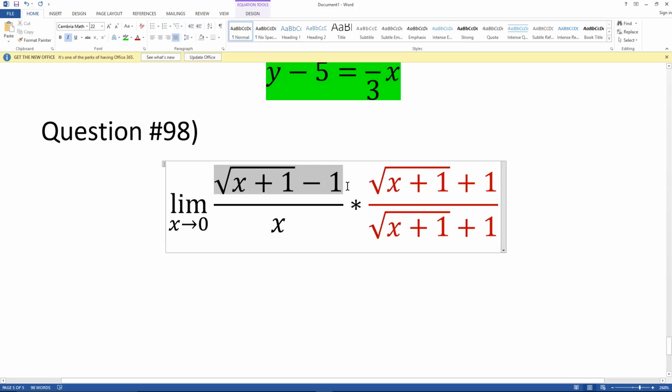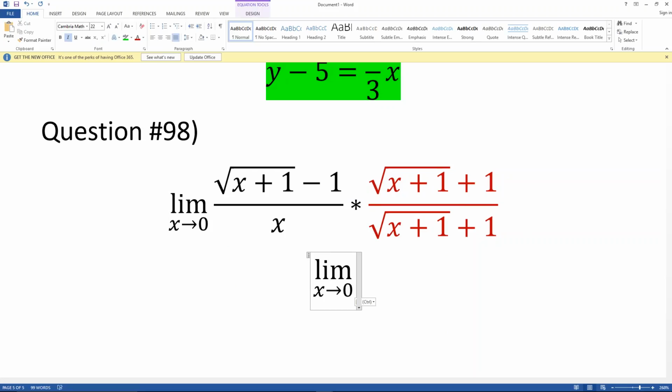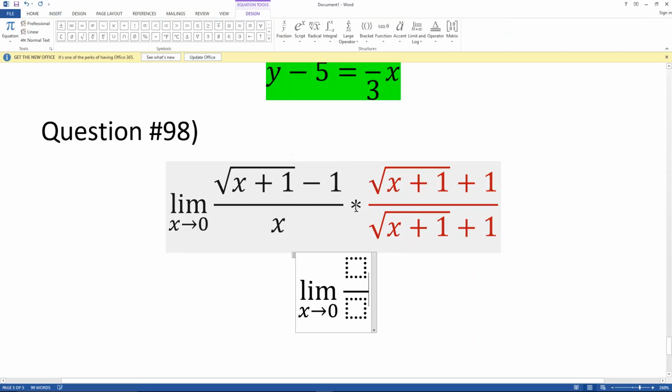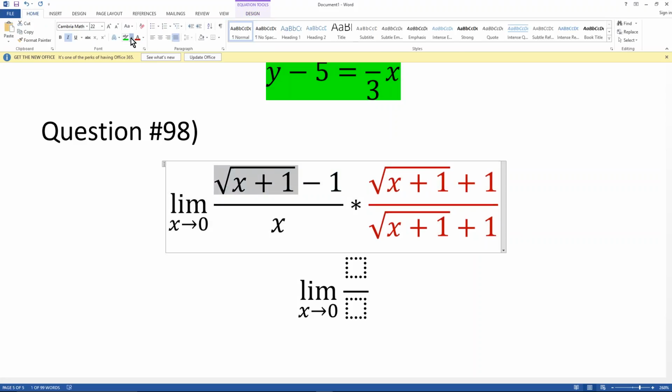And what's special about the top? Difference of squares. So what do we know? What's the shortcut about difference of squares? First times first, last times last.